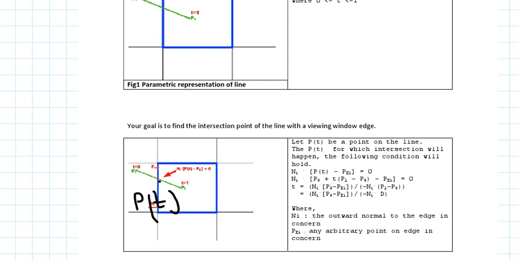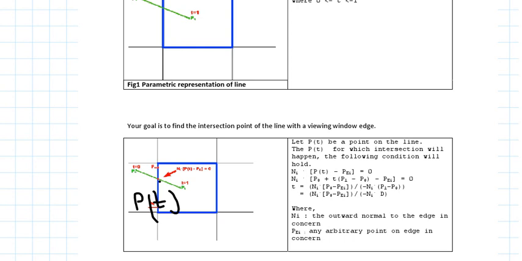over minus Ni dot P1 minus P0. Now at the next line you can see that we have replaced P1 minus P0 with D, a constant, because P1 minus P0 will always be constant for a line. Why? Because this is the difference between the starting point and end point of the line.